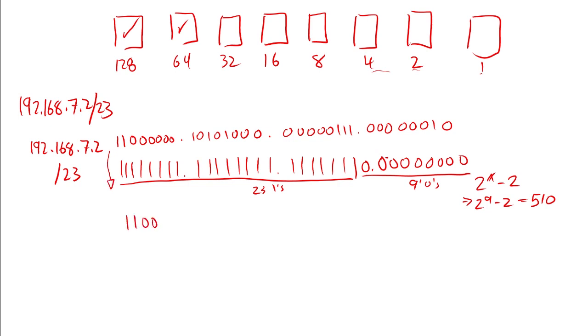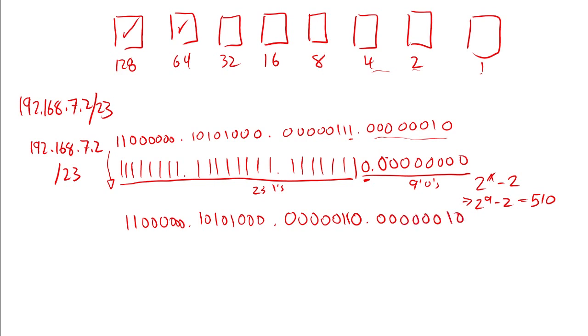So 11000000 dot 10101000 dot 00000011. In this case, notice there's a 0 here in the subnet, so I'm going to write a 0. And then obviously all these will be zeros.